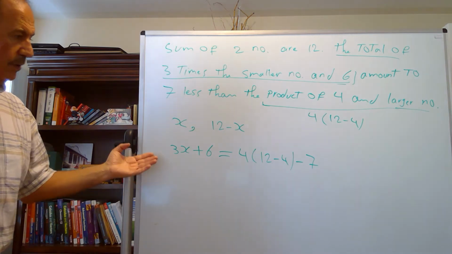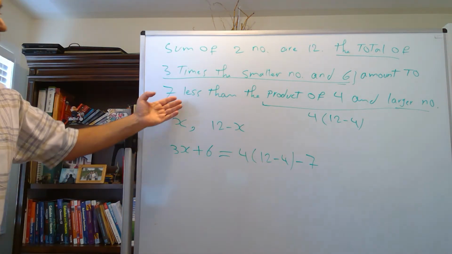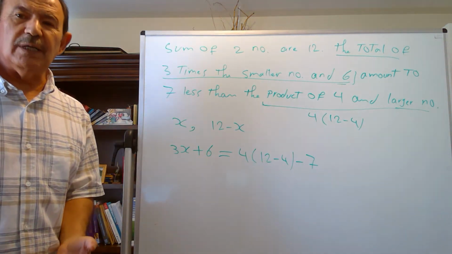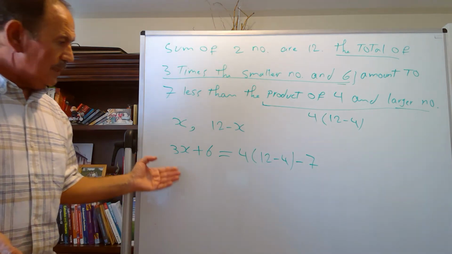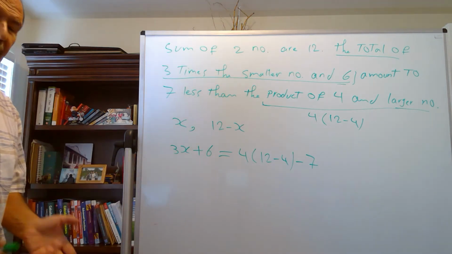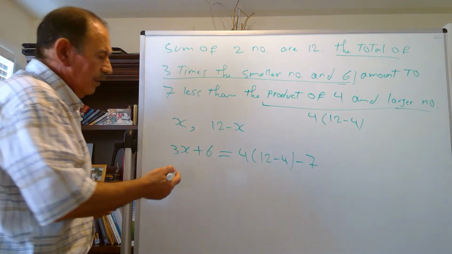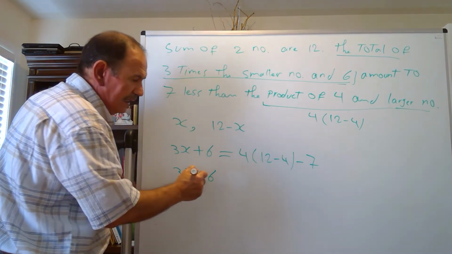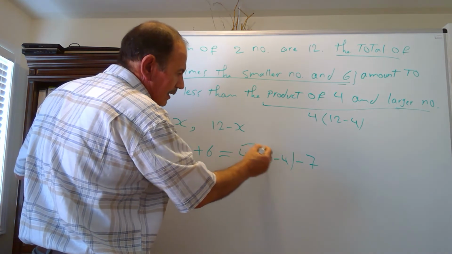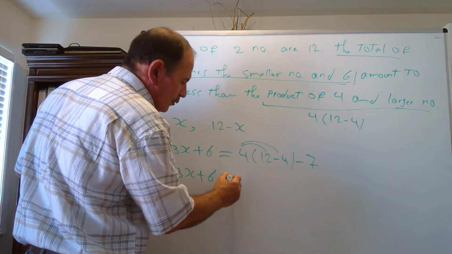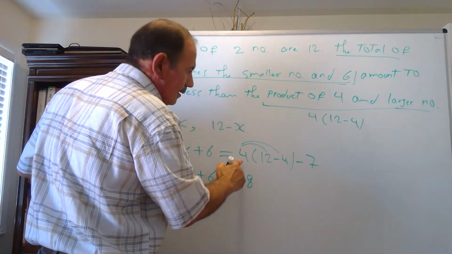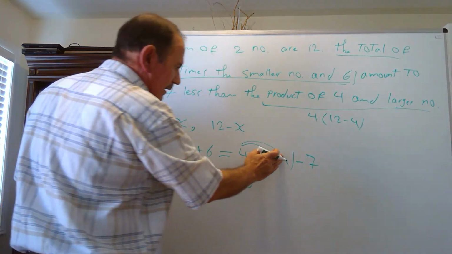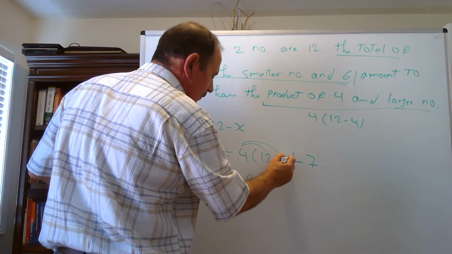Now what we should do is solve this equation, because the question is asking to find the numbers. We know how to solve it. 3x plus 6 is the left side. For the right side, simplify. Sorry, this one is 12 minus x, not 4.